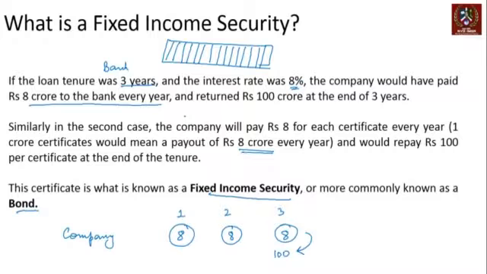The entire concept is that you're trying to create a security which is going to generate a fixed income stream. Every year or every period, there is going to be an income. That is why it is called a fixed income security. In simple words, it is nothing but a loan, right? Always remember that a fixed income security is a loan, is a debt.